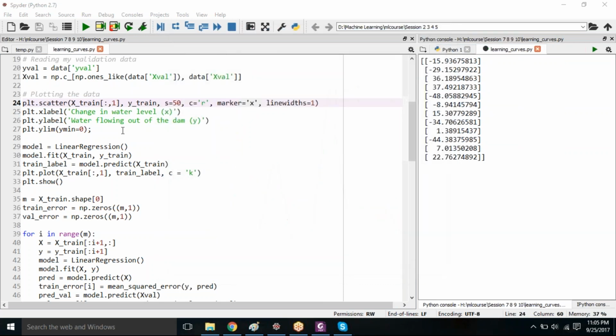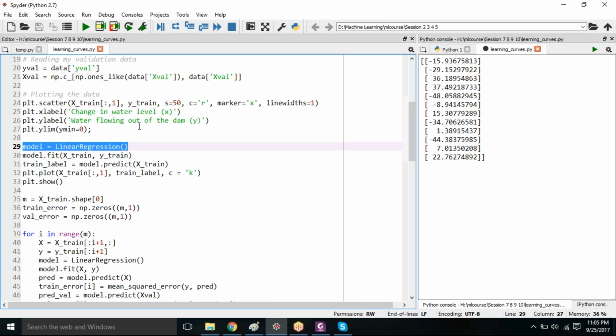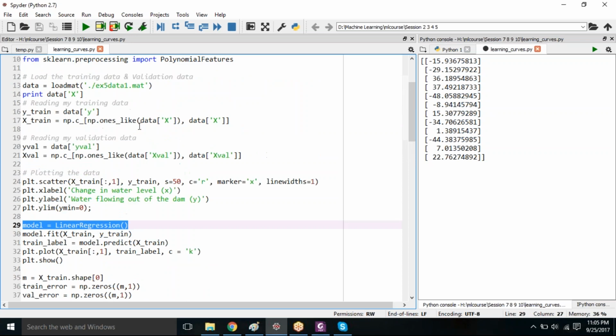Now here I have trained my linear regression model. In this x and y, x is the change in the water level, and y is the amount of water which will flow out of the dam.